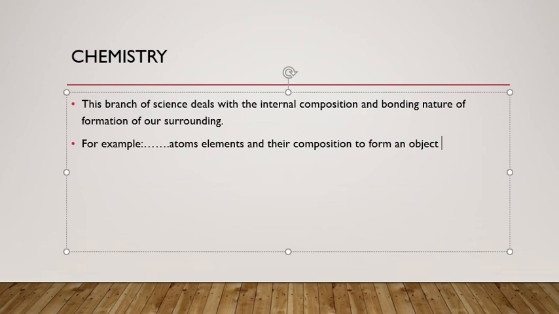Chemistry says that anything that exists within our surrounding has a certain composition. They are composed of small things known as atoms, elements. So chemistry deals with the internal composition, how things are bonded, how things are built up, how things are made up, how things are joined together.